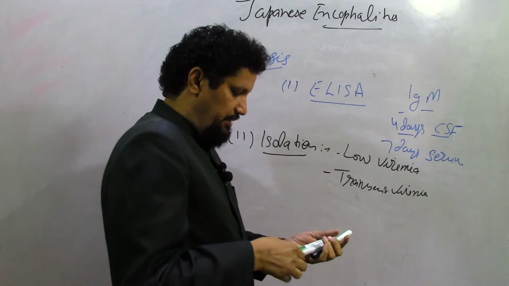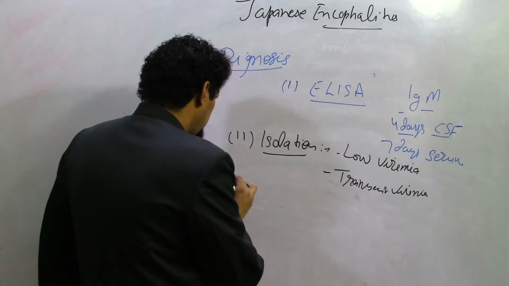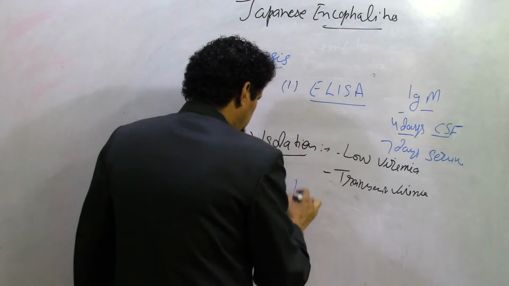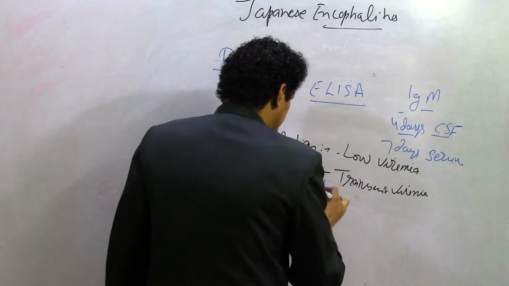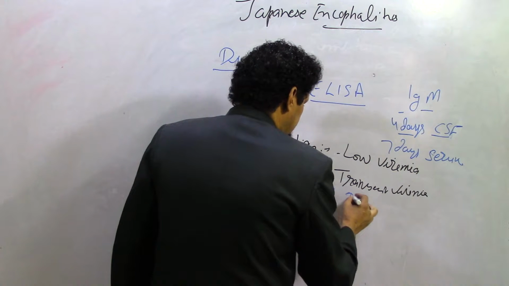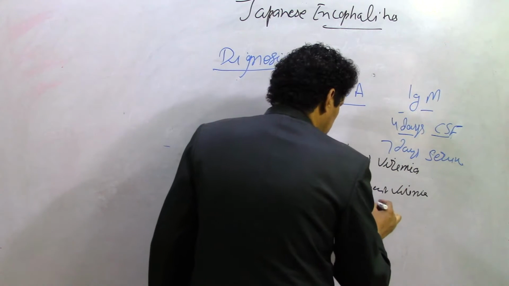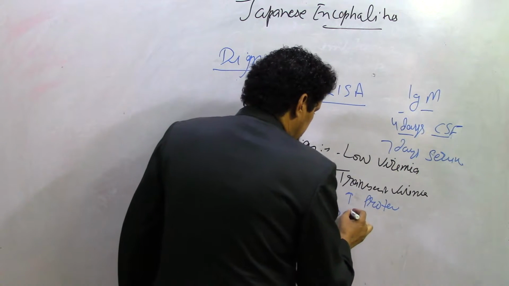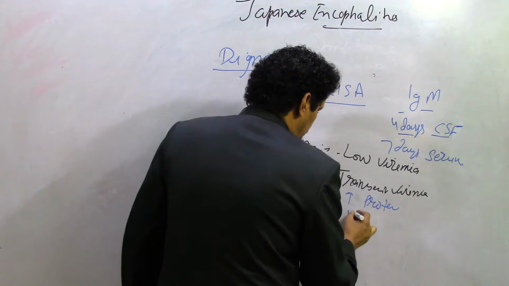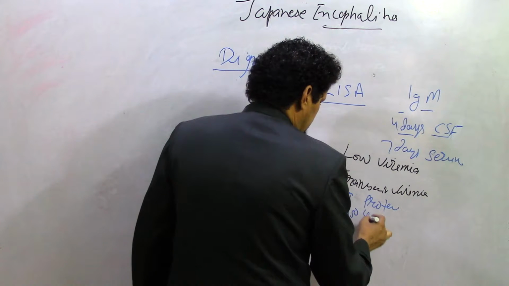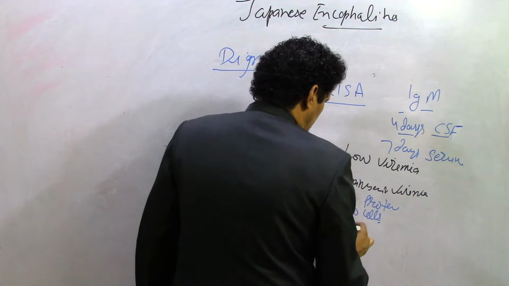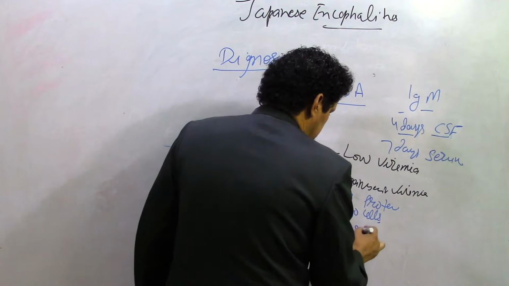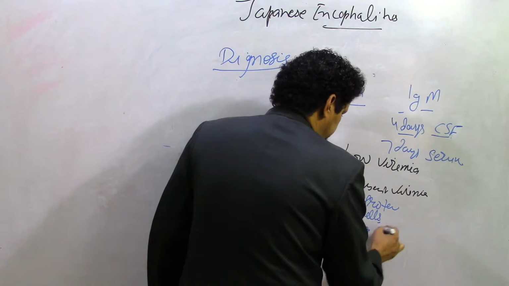The lumbar puncture, the findings of the CSF: increased protein and number of cells more than 150 cells, and the sugar is normal.